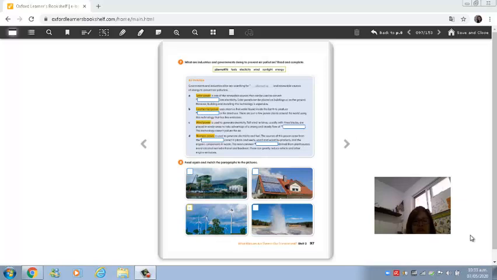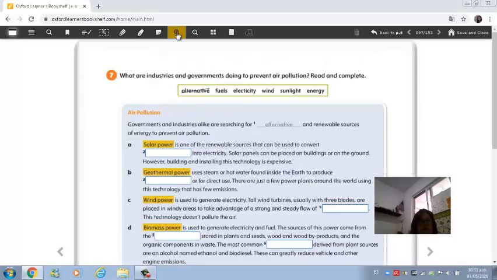Sunlight into electricity. Solar panels can be replaced on buildings or on the ground. However, building and installing this technology is expensive.